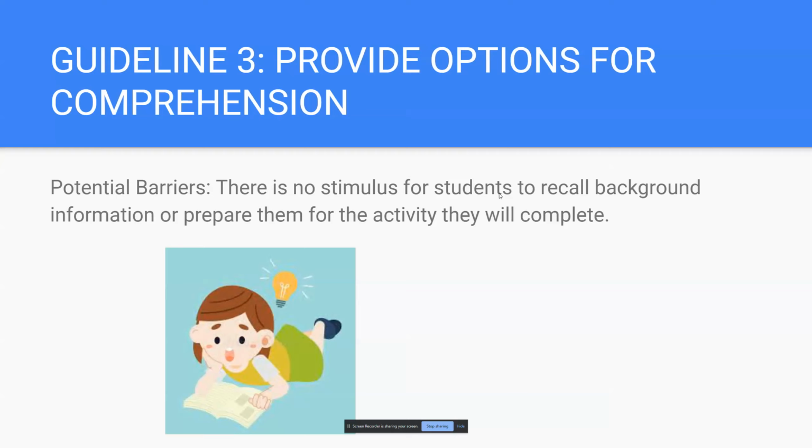The background information is listed, and it has, again, a lot of wordy definitions for what they're going to be learning about, and it even has a textbook page number describing what the students should know, but I didn't see how that was going to be presented and how that transitioned into the activity itself. So I felt that was a huge disconnect as far as the UDL principles go.